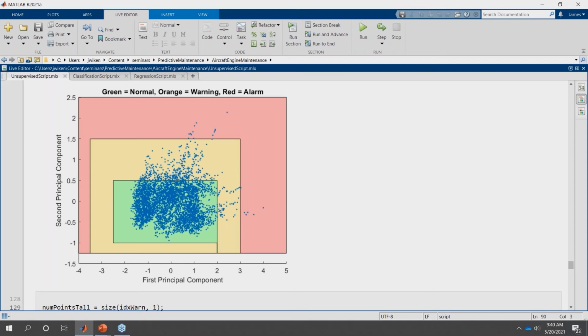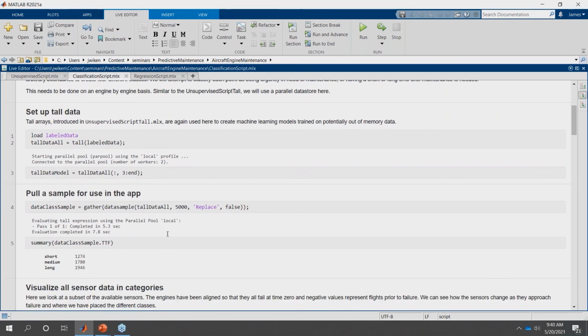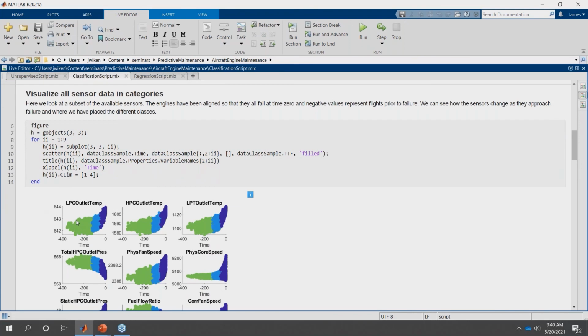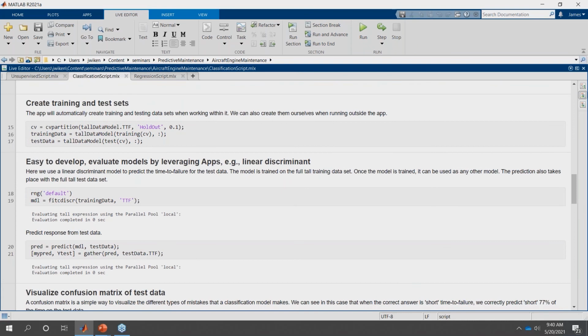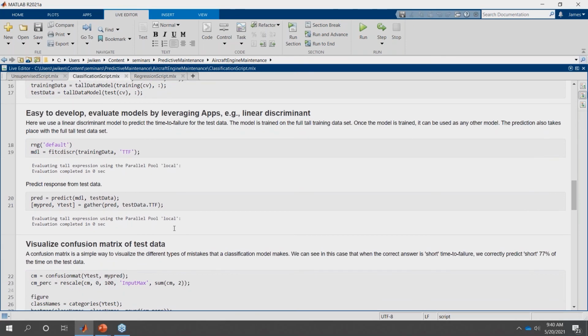Now, the point at which we could take this and move into the supervised approaches, now that we have these regions, we essentially have labels, right? We have an output. We have green, we have orange, we have red. We can take this set, apply those labels, and proceed to make a classification model where we take that data, do the classification, and then send the new data into our model, and it would tell us whether it's in the green, orange, or red.